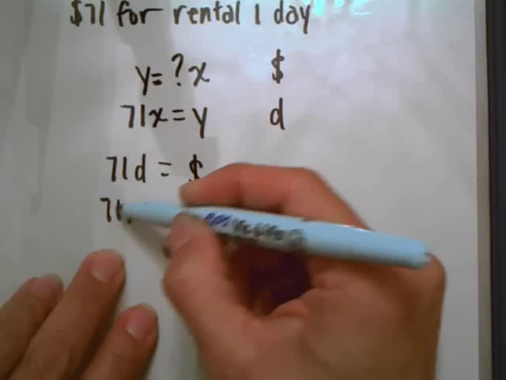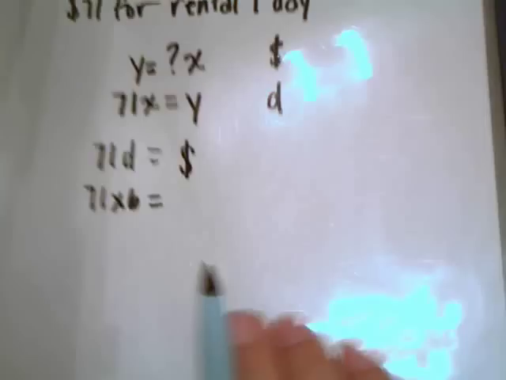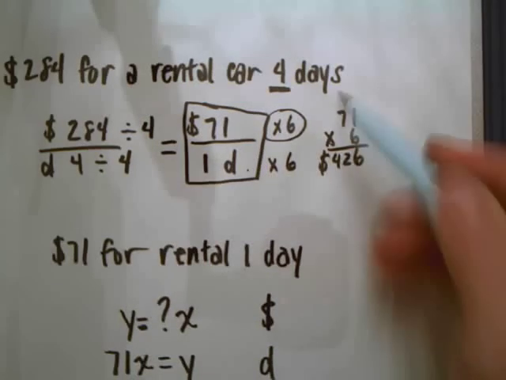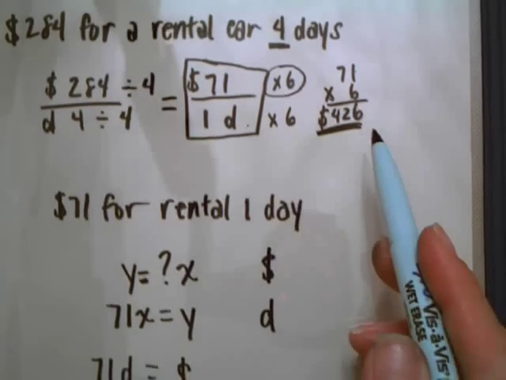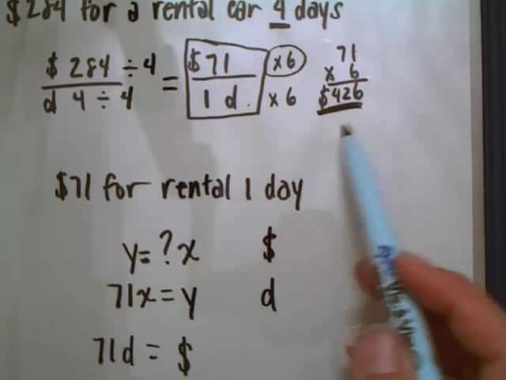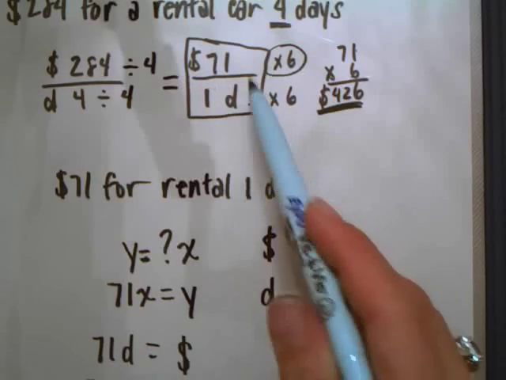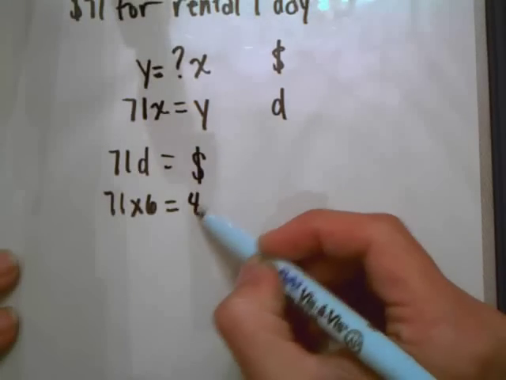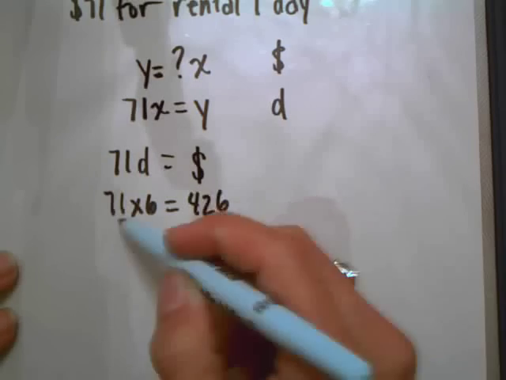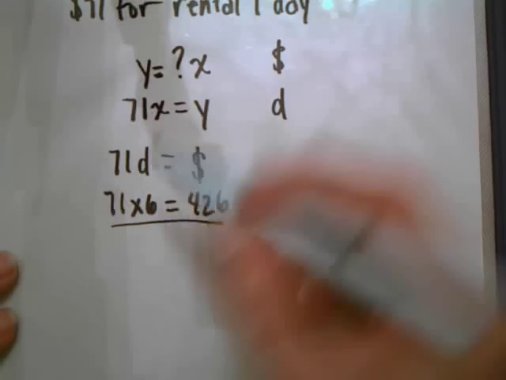When I get 71 times 6, holy smokes, look at that, it's 426. That's what I came up with for the total cost up here. So I know that this equation is right, because it works out.